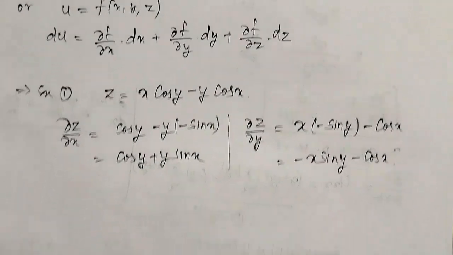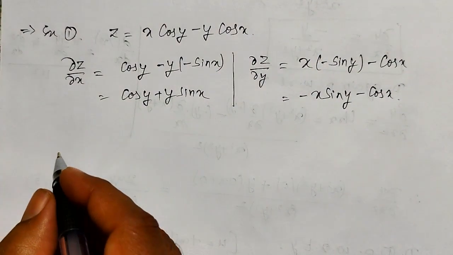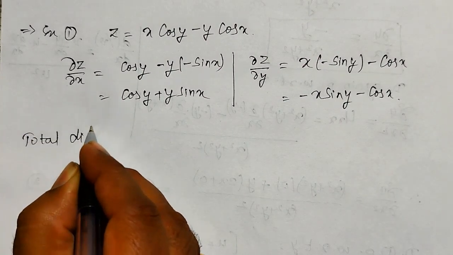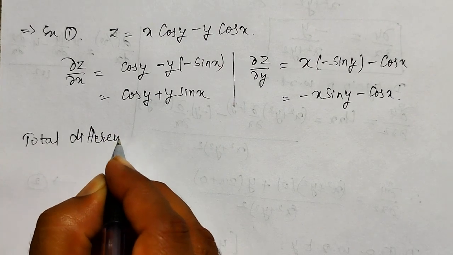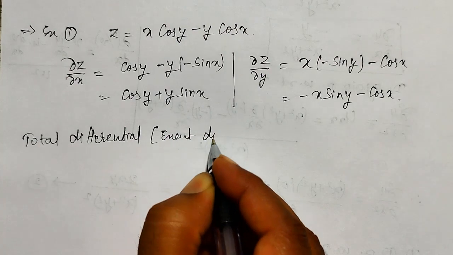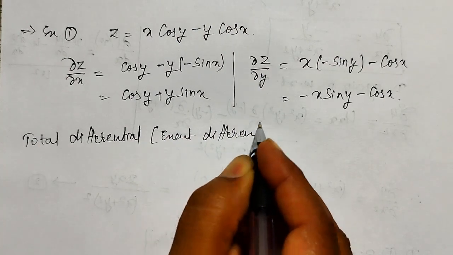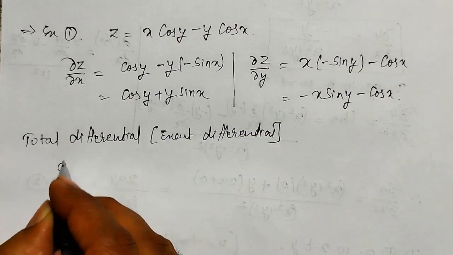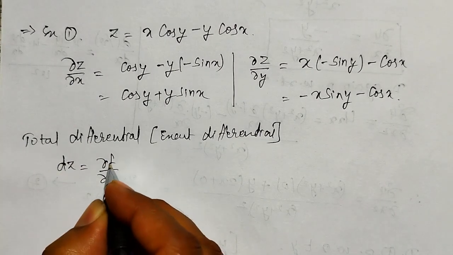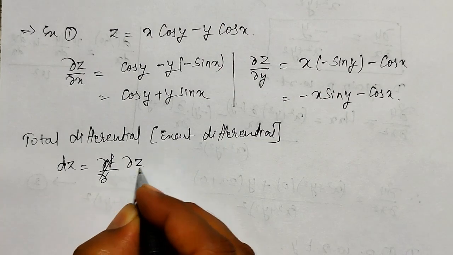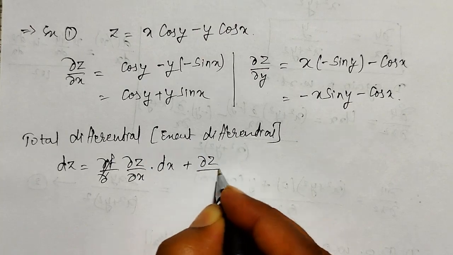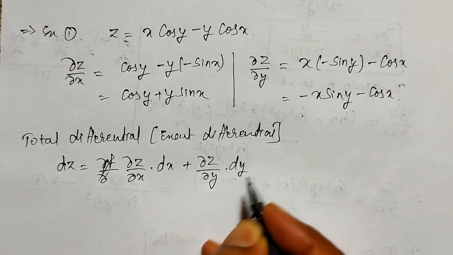Using these two, I can define the total differential, or exact differential: dz is equal to dou z by dou x into dx plus dou z by dou y into dy.